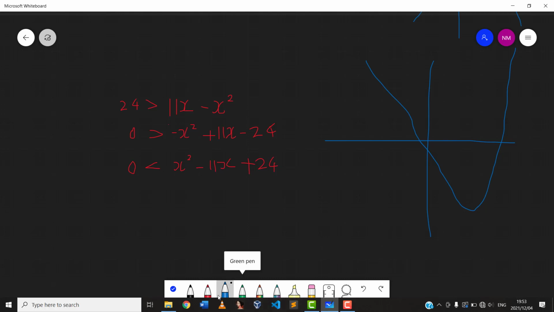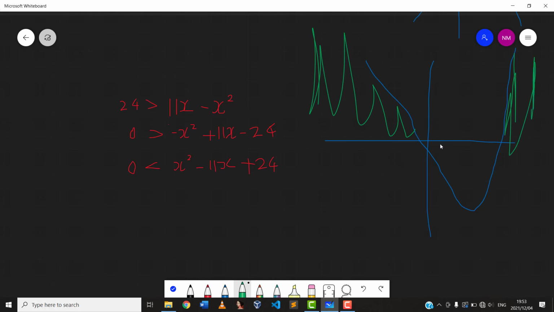So now we've got to find the values of x where the quadratic gives a y that's greater than 0. So this area here basically. So we've got to find the values of x for that.